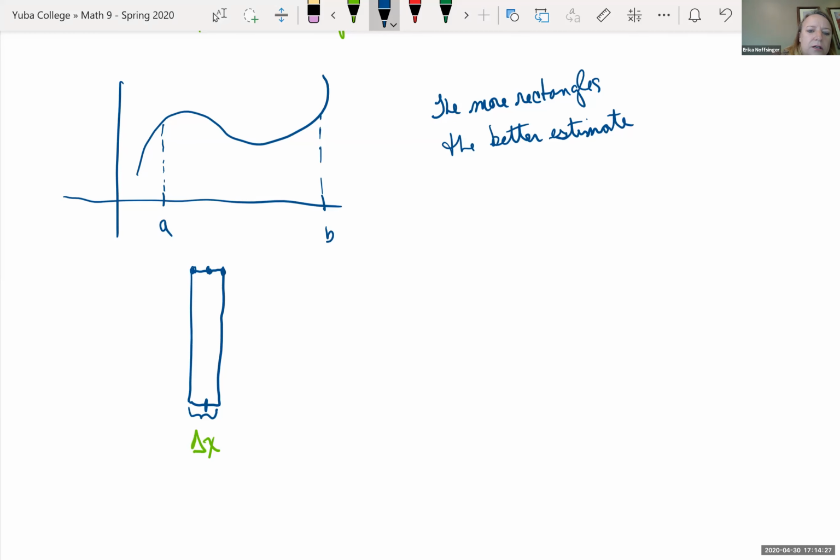So we're going to call this right here f of x sub k. This is equal to the height of the rectangle.